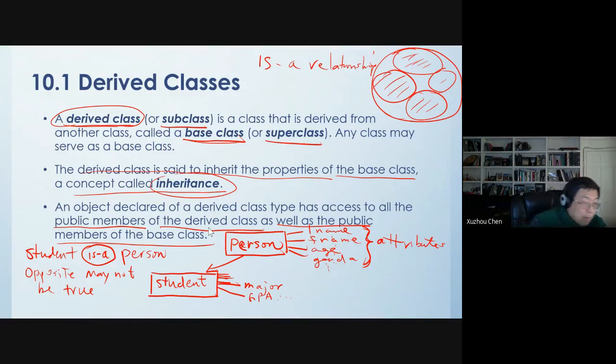Everything in the student class can call any methods or any public field variable in the student class, as well as the public members of the base class. That means everything defined as a public member can also be accessed by a student.